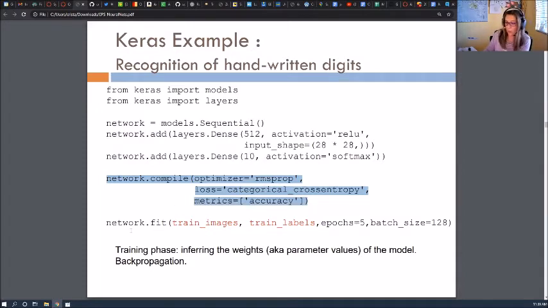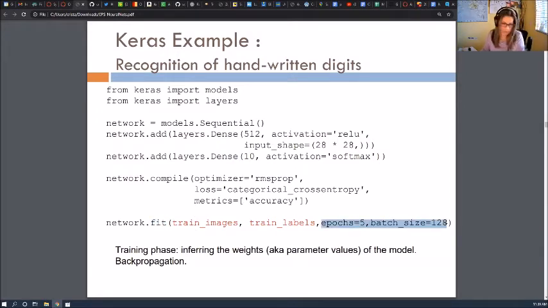And then once you compile it, then you do the fitting. So this is the training part, okay? The training part requires inputs and outputs. So the training images are the inputs, the training labels are the outputs, right? So this is again an array of inputs, an array of outputs, and then there's a bunch of other things that you can read through in the chapter of my book, which explains what these are, but it has to do with the learning algorithms.